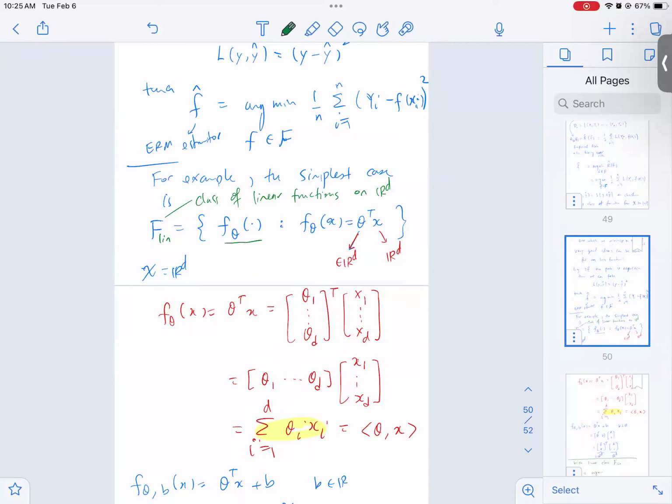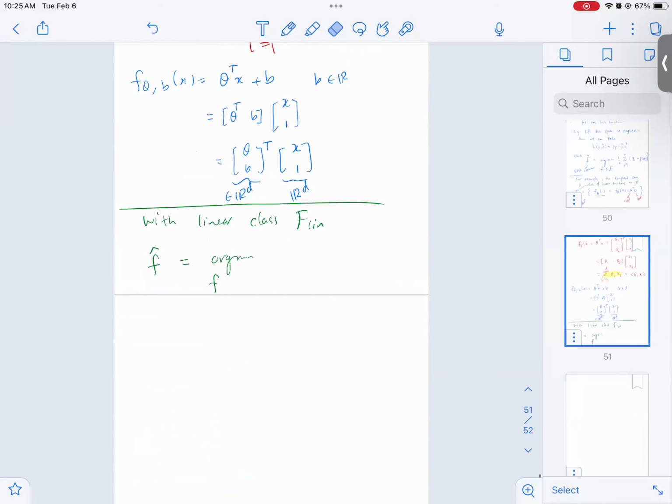Because they're all looking like this, I'm going to plug this in and then optimize over theta. It's a parametric class, parametrized by this parameter theta. Once I know theta, I know the function. So there's a correspondence basically between d-dimensional parameters and this function class.